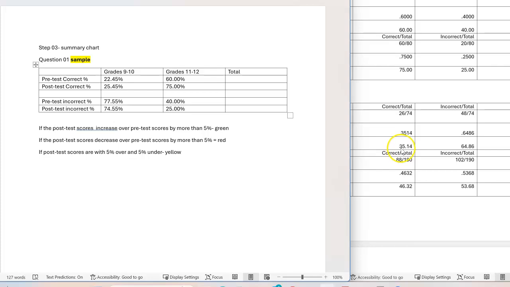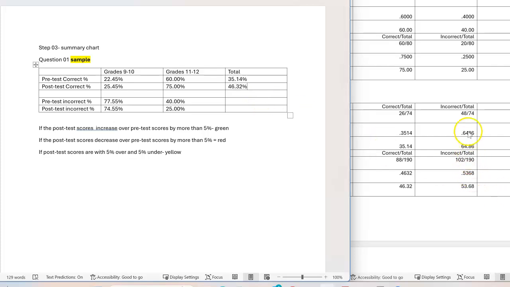Then we have the total. We have 35.14% got it correct on the pretest, and 46.32% got it correct on the post-test.